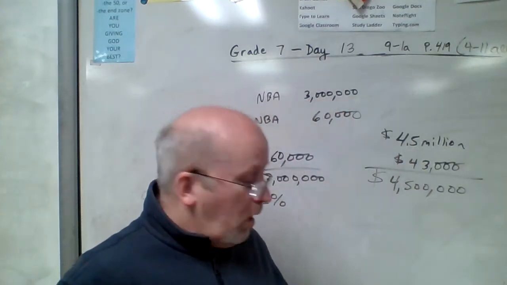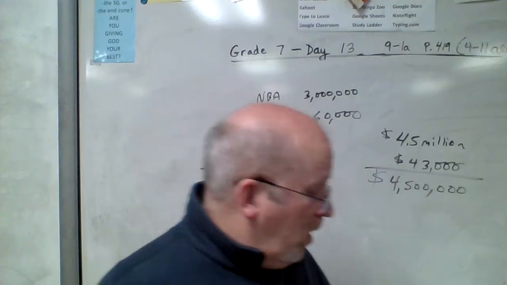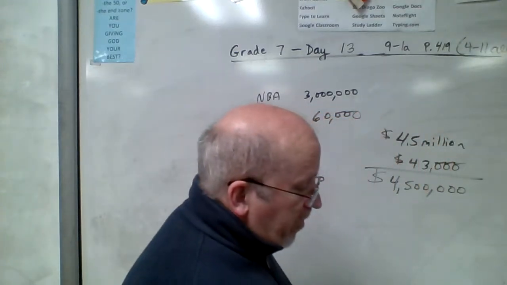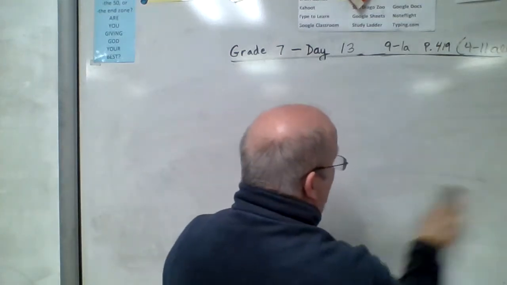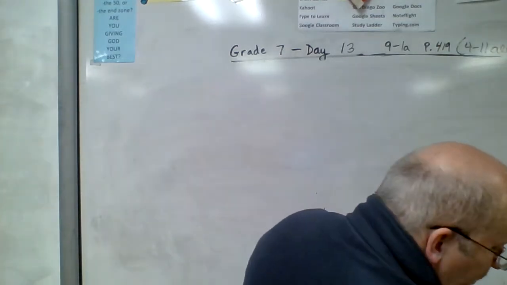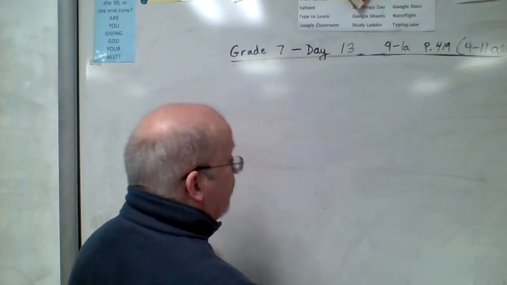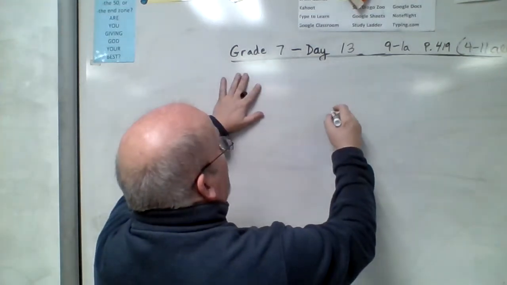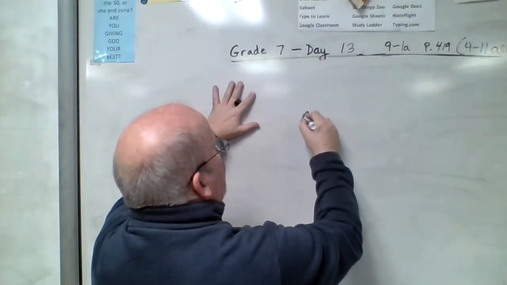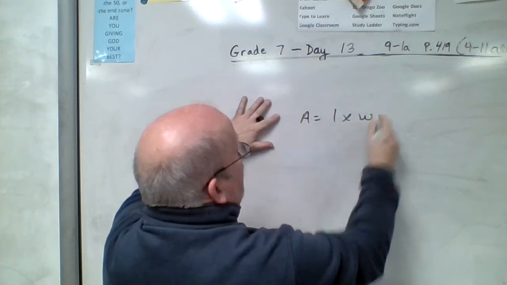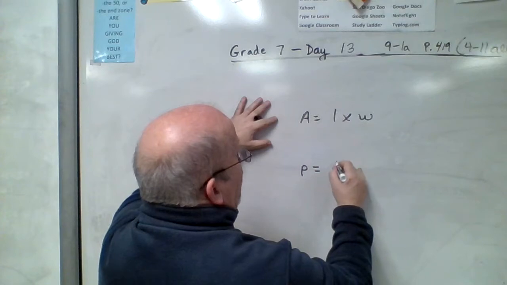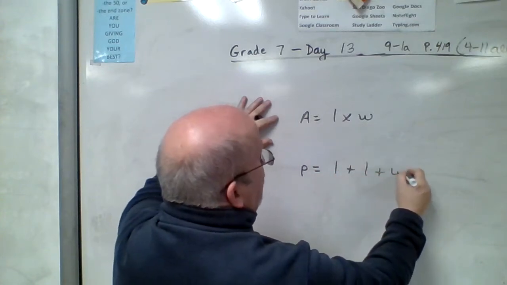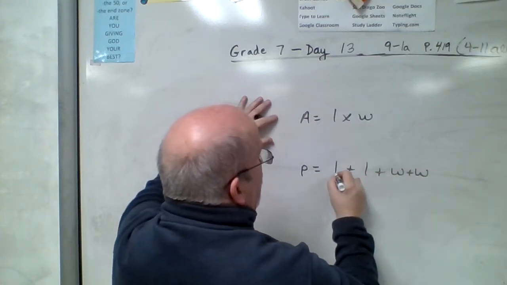Okay, let's take a look at the last problem. What are the dimensions of the rectangle if the rectangle has an area of 24 and a perimeter of 22? I'm going to give you a big hint on this one. You know, hopefully, that area equals length times width, and you know that perimeter equals length plus width plus length plus width.